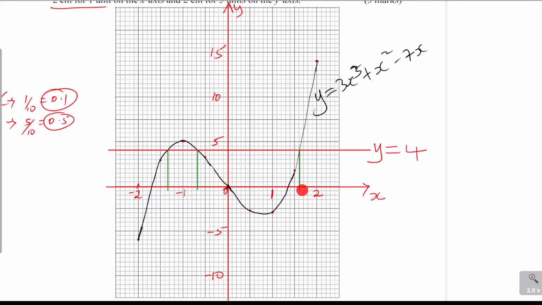This will be 1.6. The first one here will be 1.6. So x, first value, 1.6. And then we have the other one here.